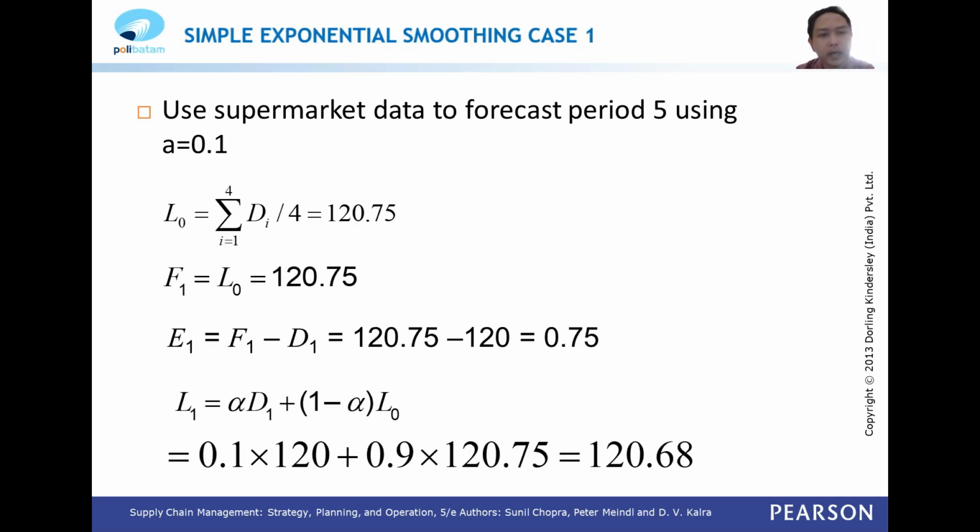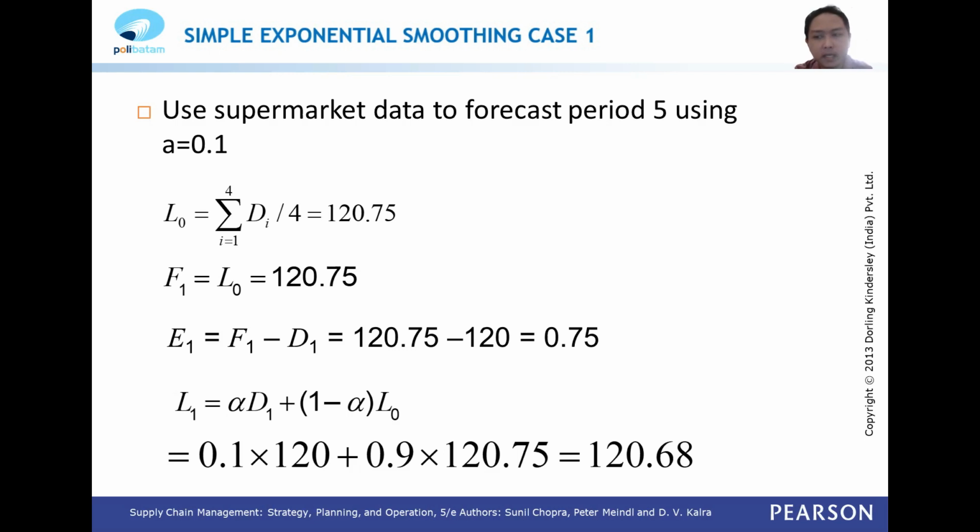Then we have the second case study. In the second case study, we're using the same data as the previous case study, but here we use alpha as a constant value of 0.1.